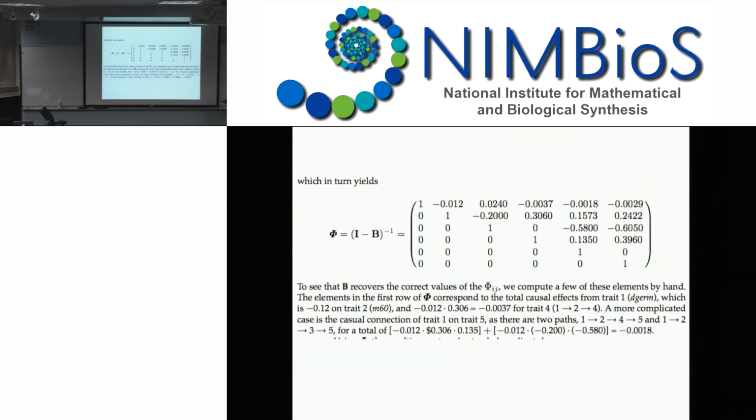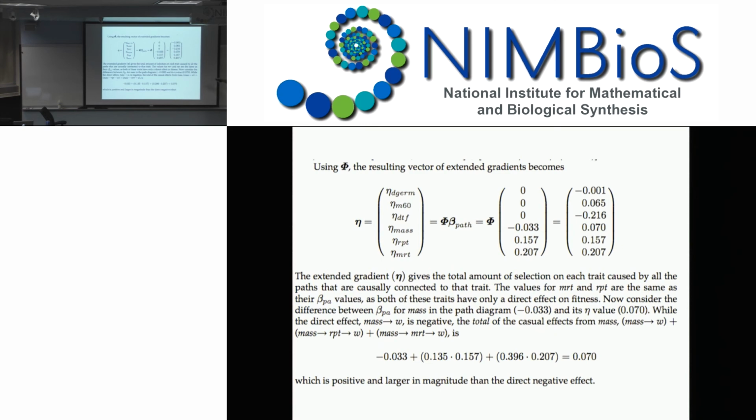The resulting extended gradients basically become this. So if I leave out any of these intermediate traits in my analysis, these results here aren't changed. That's the notion of an extended gradient. The idea is to account for the fact that you can influence downstream things. If we don't include those downstream things, you still want the gradients to remain unchanged, and they would in this analysis.